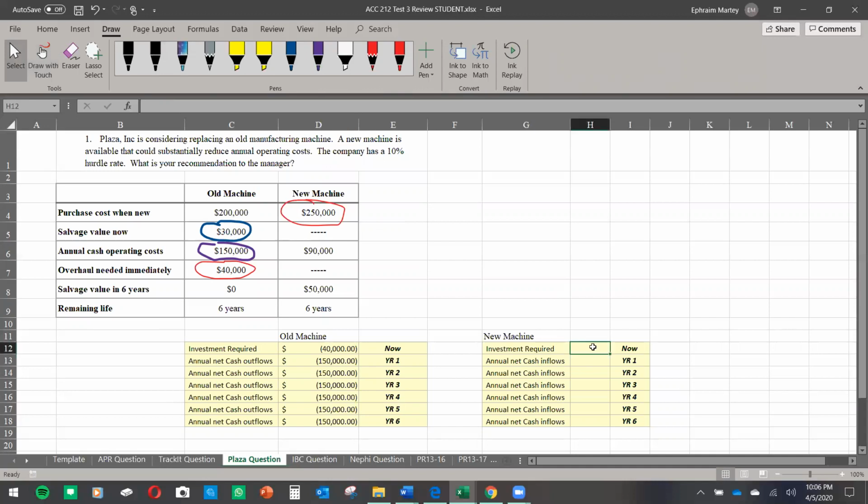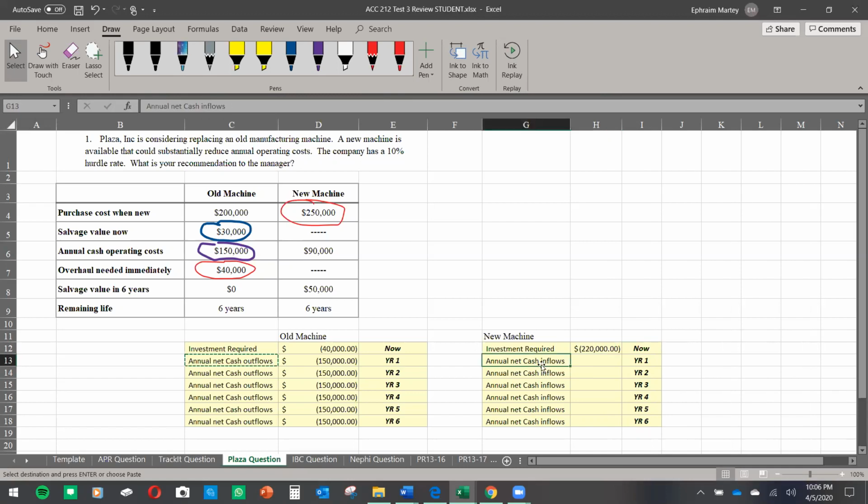So that will reduce our initial investment required at the beginning. We will spend 250,000, a cash outflow going out as negative, but we will have 30,000 coming to us, so we are actually spending 220,000. The annual net operating cost is also a cash outflow.